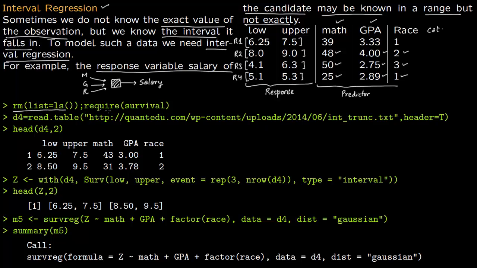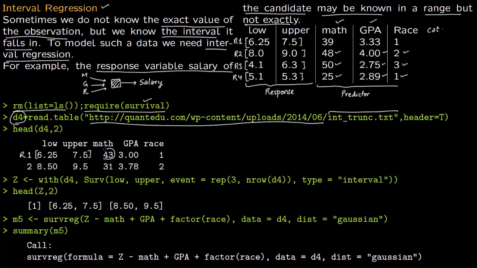First you clear the memory, you require the survival package, so install it if you do not have it. D4 is your data set, this is the address and this is the name of the file. Your header is true. So row 1 gives you the lower range of the individual, $62,500. Upper range is $75,000 for the salary of individual 1.